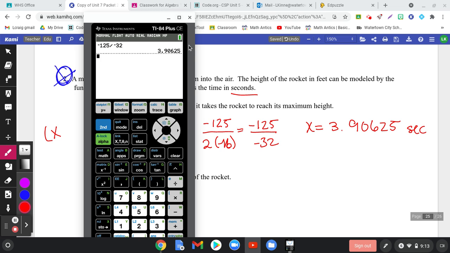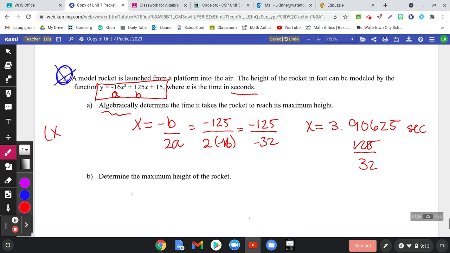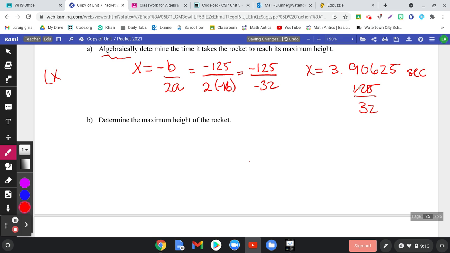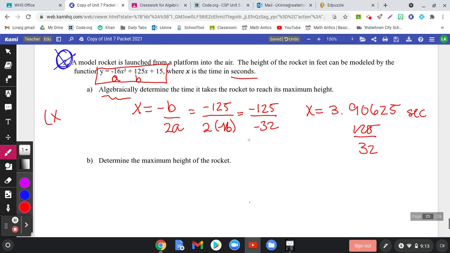If you want to actually figure out the height, why don't we change this to a fraction? Math, enter, enter. It makes it a little easier to work with: 125 over 32. To figure out the maximum height, plug that into the original equation. You don't want to just round it because then it won't give you the exact value.